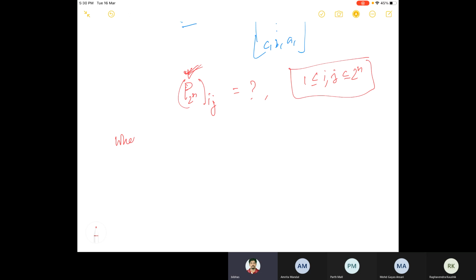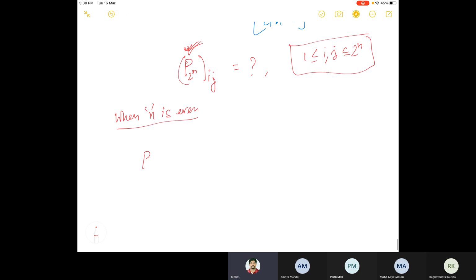When n is even, p to the power n will be equal to swap times swap times swap, this is n by 2 times, identity of order 2 by 2 times swap.